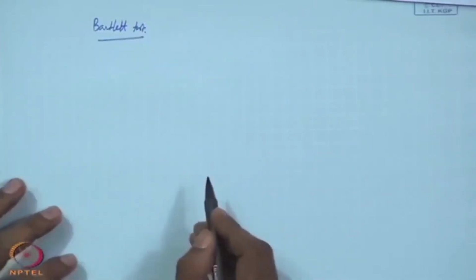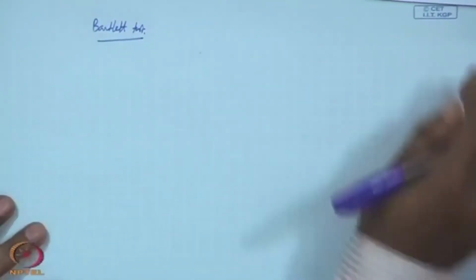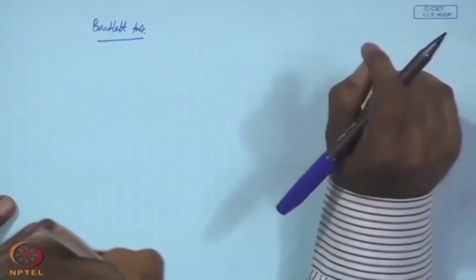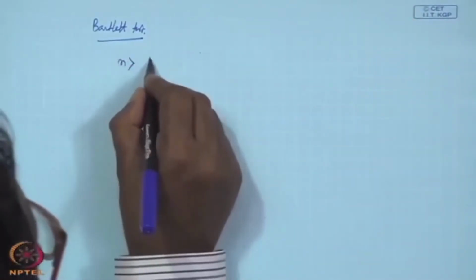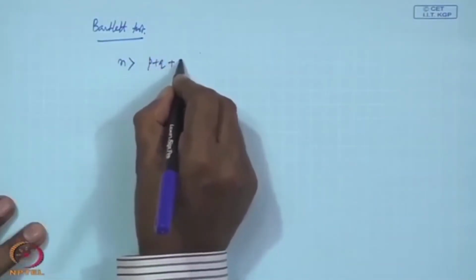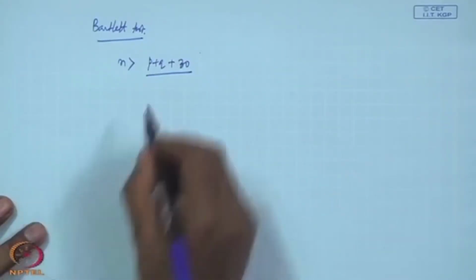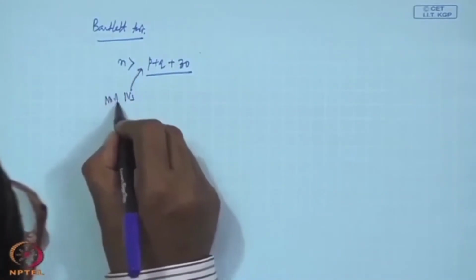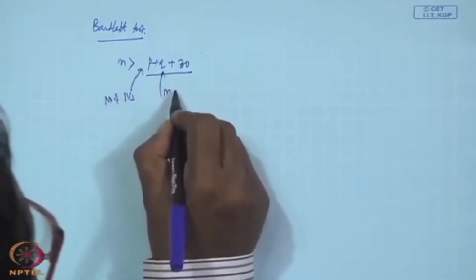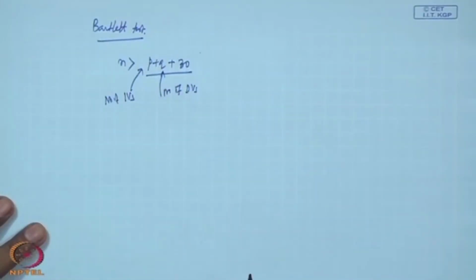It says that if your sample size is small, Bartlett test will not work. So it says that n must be greater than p plus q plus 30. What is p? P is the number of IVs, q is the number of DVs, and plus 30. This is the case.